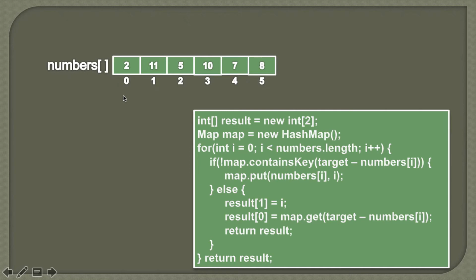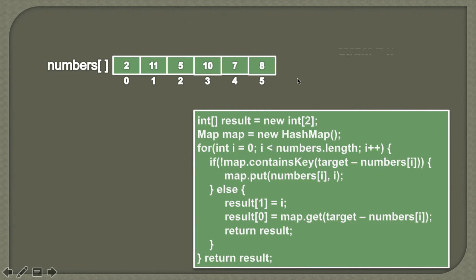So friends, let's say we are given the array of integers and we are denoting it with the variable name numbers. Here the array elements are 2, 11, 5, 10, 7, 8, which we saw in the previous slide, and below are the index positions of it. Below is the algorithm for finding two such numbers which add up to a specific target.